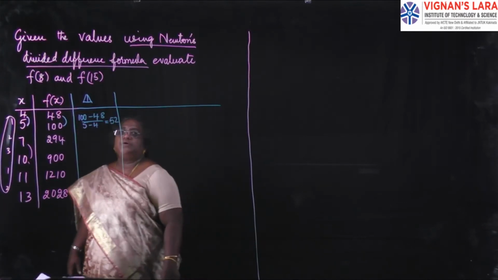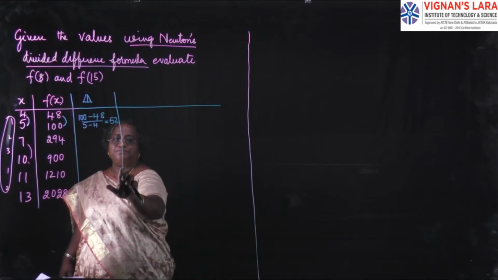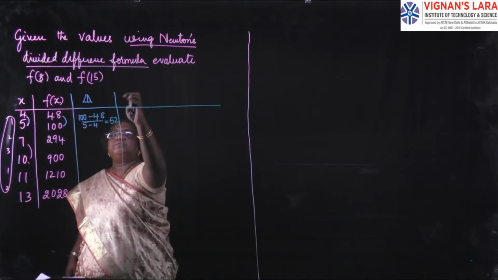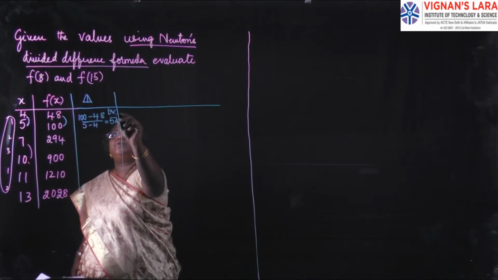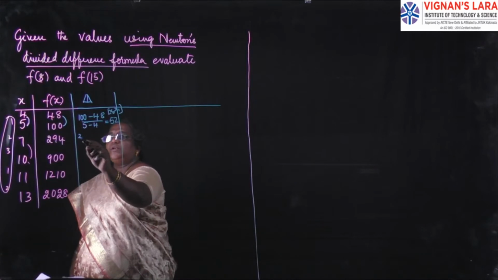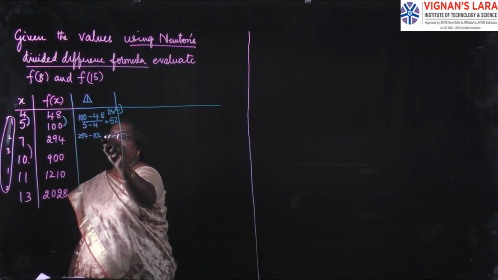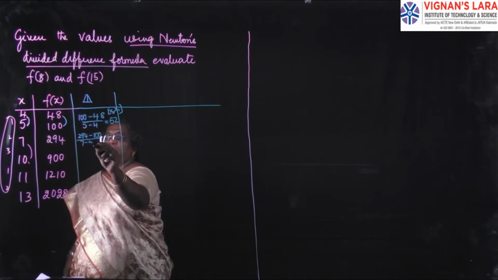We call it the first divided difference between x0, x1. Next, 294 minus 100 by 7 minus 5.